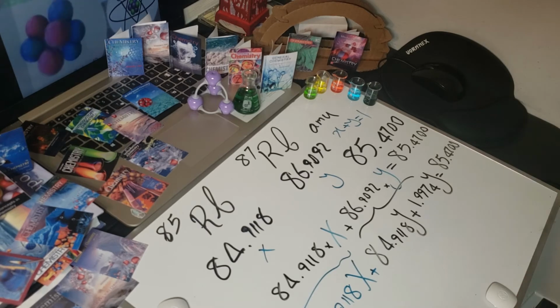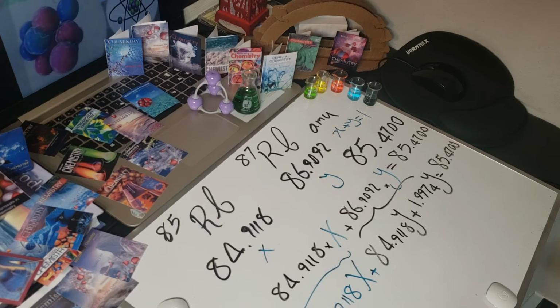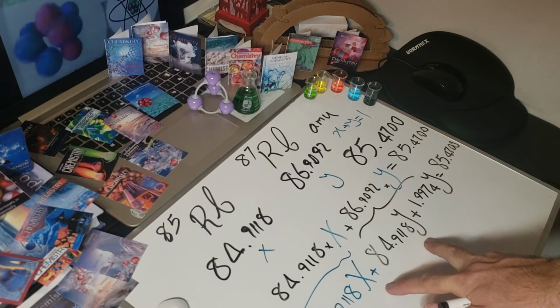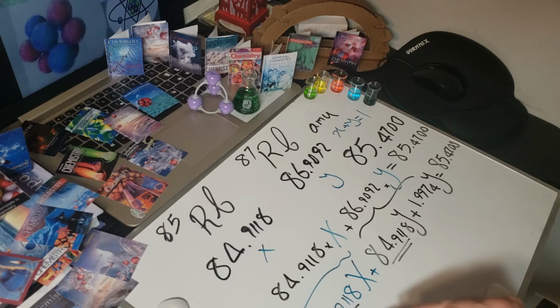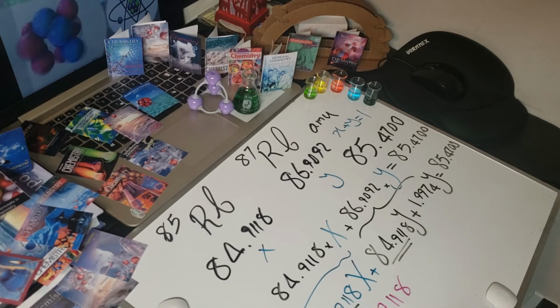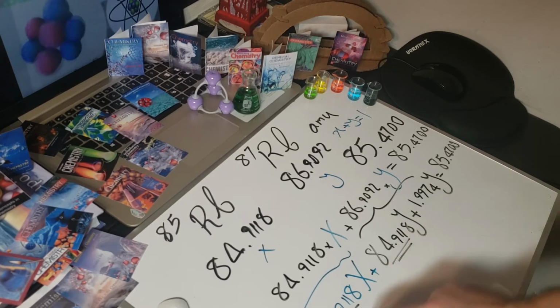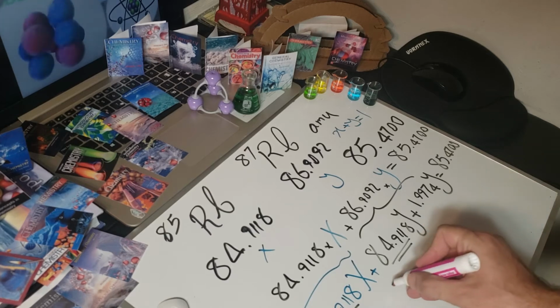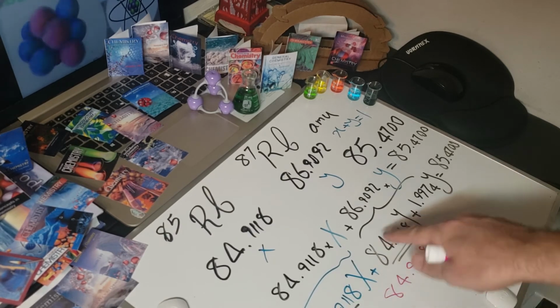85.4700. Now if you look at this and you look up here, x plus y is just 1, so I could factor out this number, 84.9118. It's not that visible, so I would just like to move a little bit to this place. 84.9118, that's the exact same number.